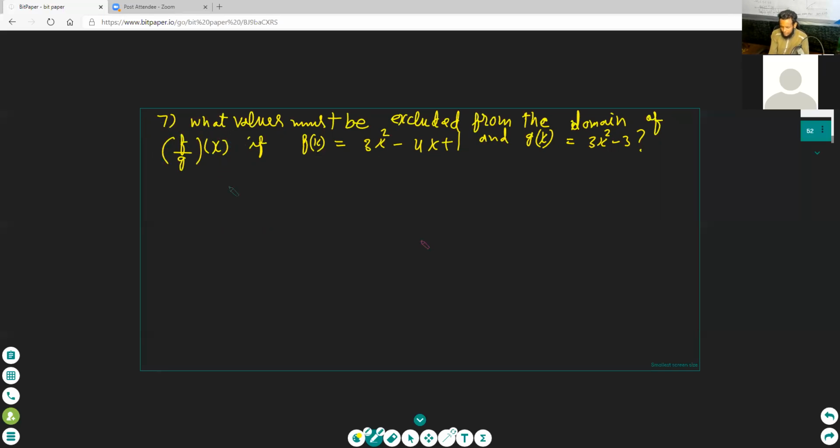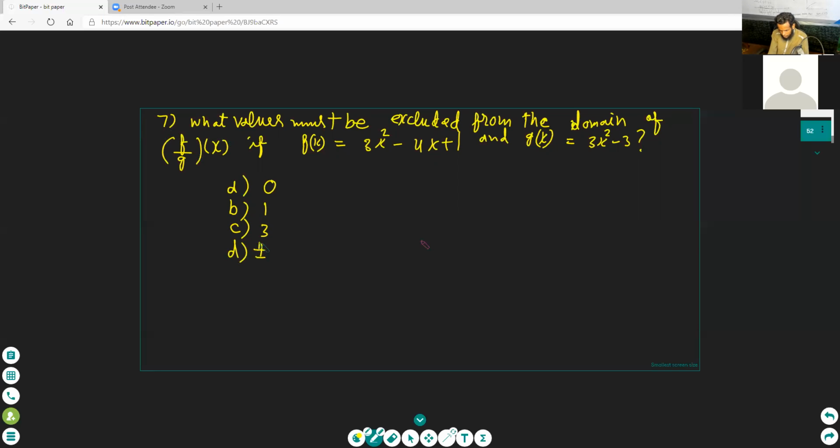First of all, you should wait. I write the options. First of all, you should find f of g of x. I have given you some formulas of composition of functions.